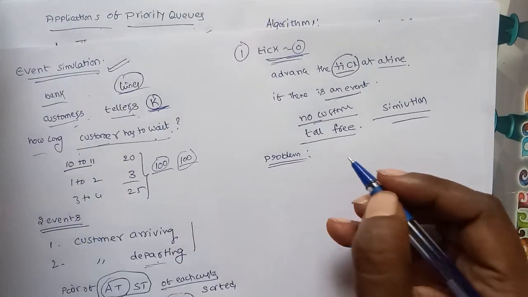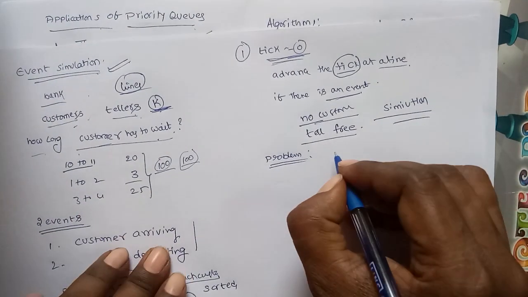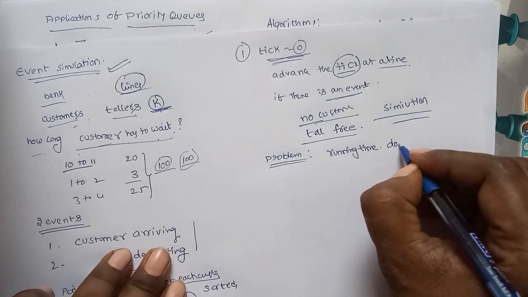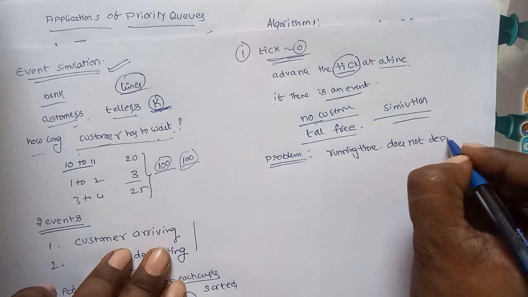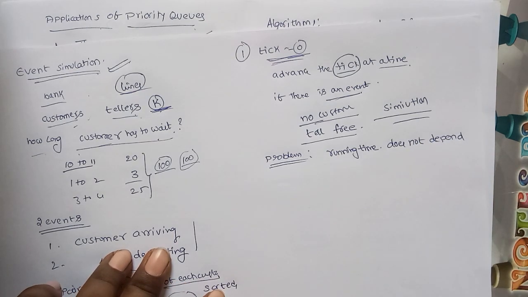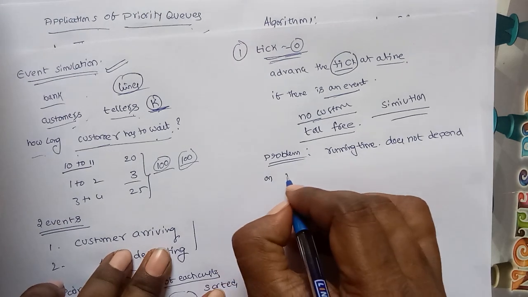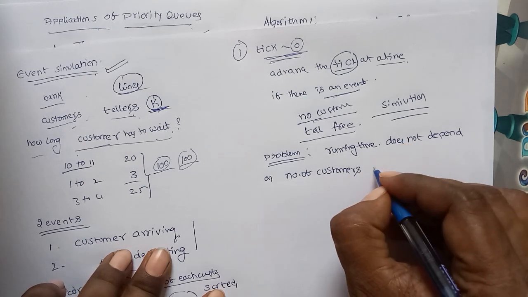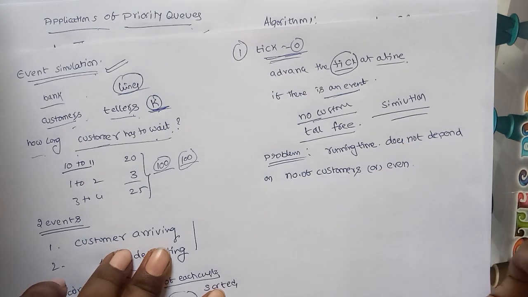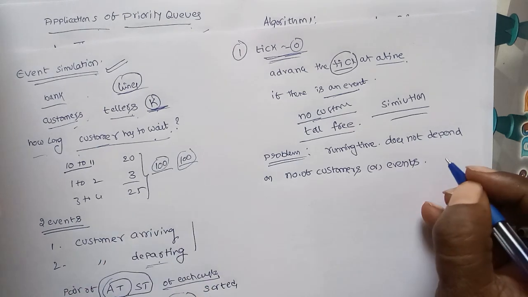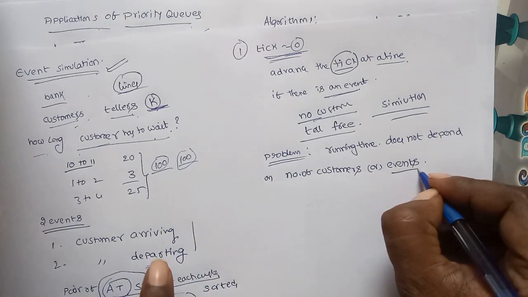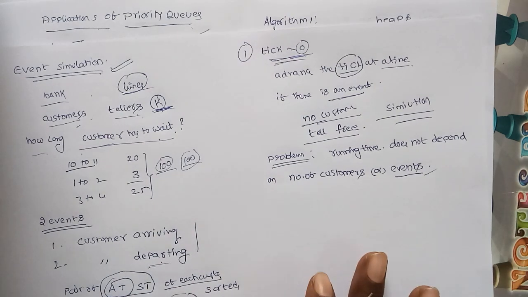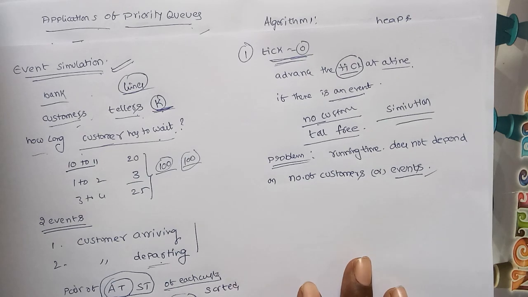The problem with this simulation is the running time. Remember, this is very, very important: the running time does not depend on the number of customers or events. Number of customers or events means, suppose a customer performs two events, customer arriving and customer departing.